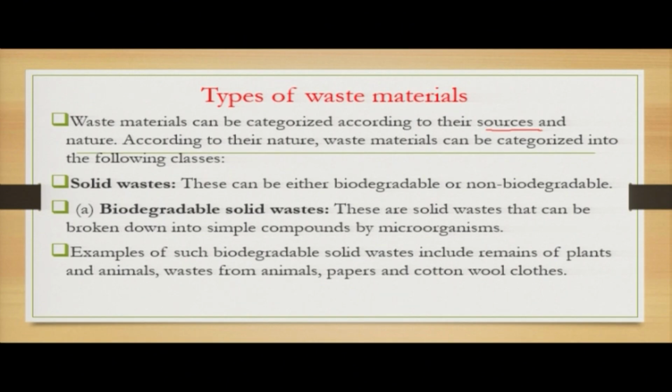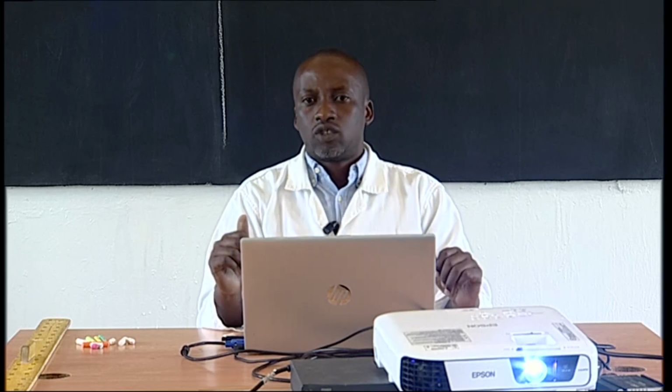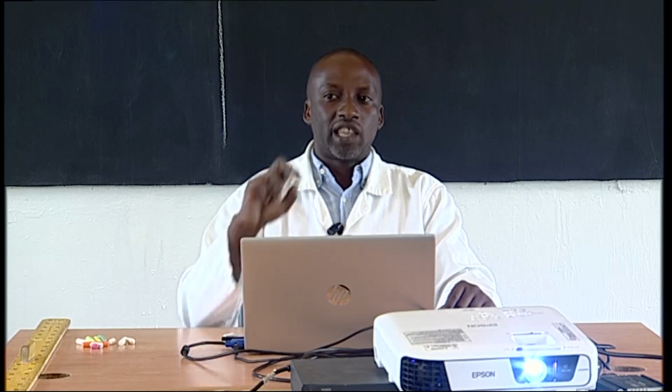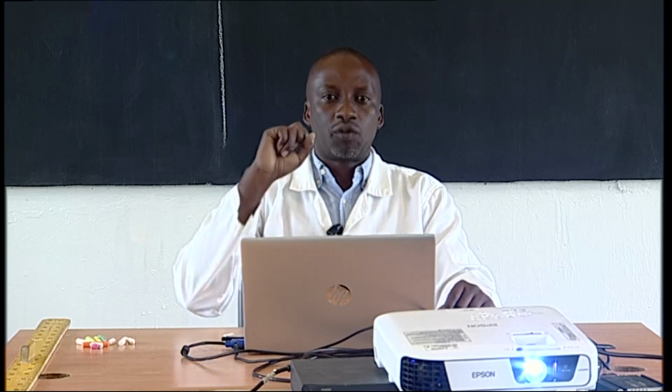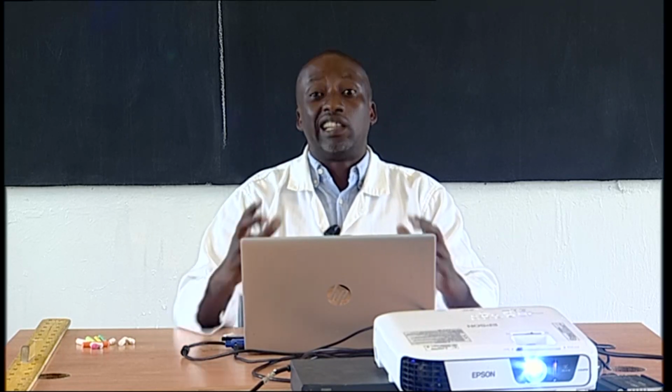And nature: where do they come from, and how do they appear? Are they solids? Are they liquids? Are they gases? So we can categorize them in that form. The source, that is the origin, where they are produced, and the nature, in which form are these wastes.